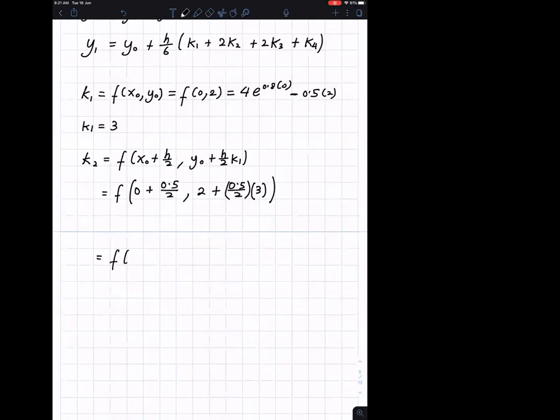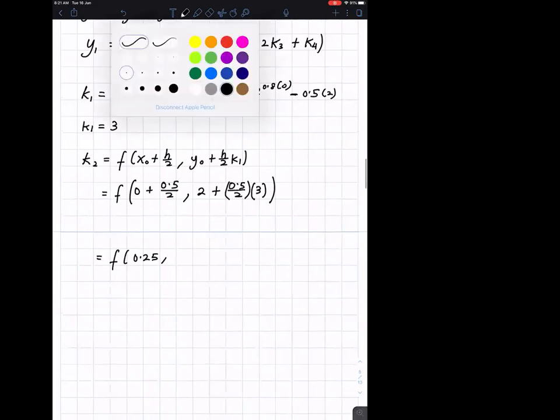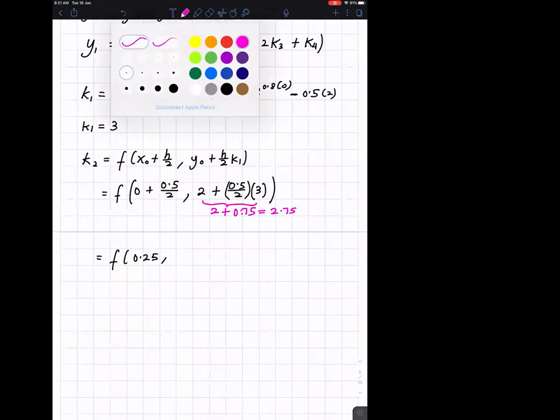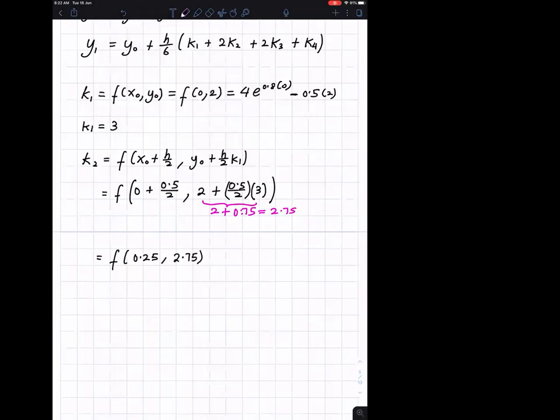0.5 divided by 2 is 0.25. And then 2 plus 0.25 times 3, which is 0.75. 0.75 plus 2 is 2.75, am I right?